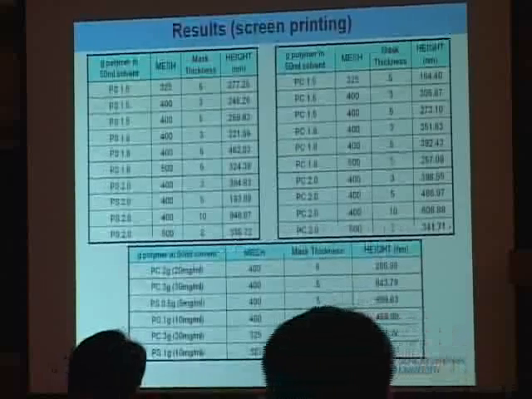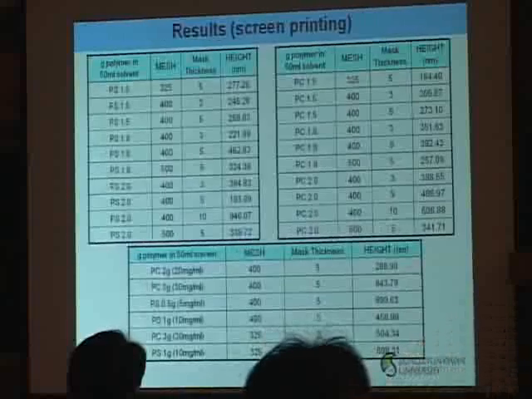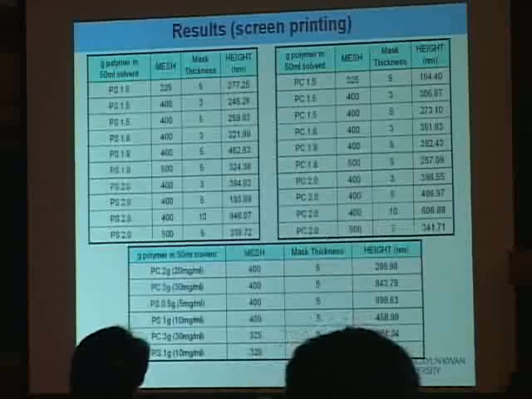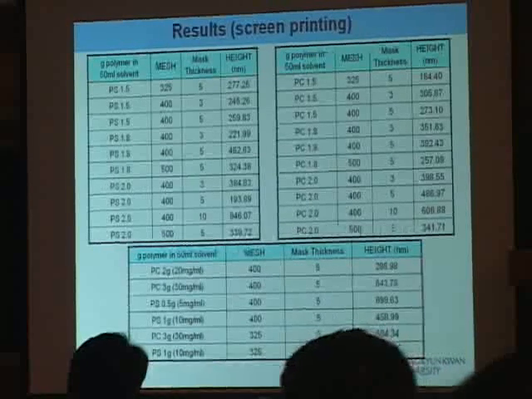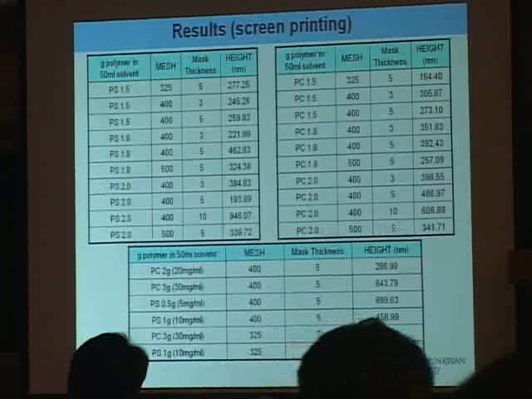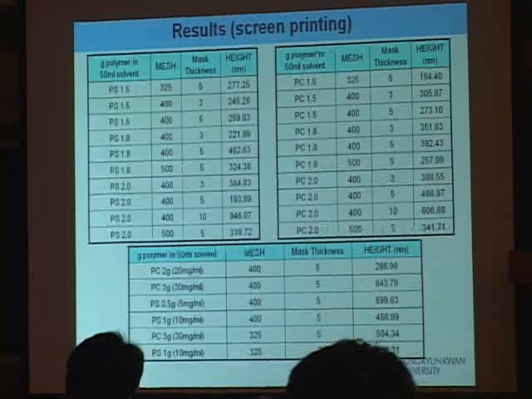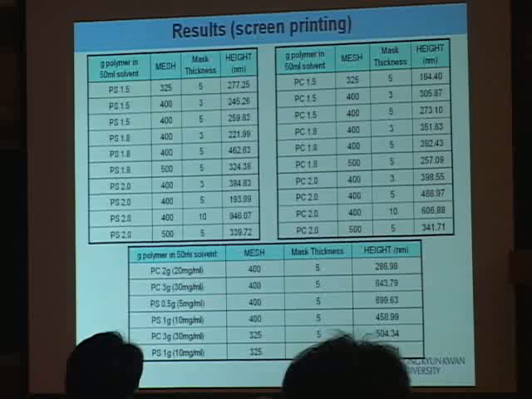And we used three different mask thicknesses, and this is the final thickness of organic films after screen printing. And we also changed the amount of polymer dissolved in the solvent.